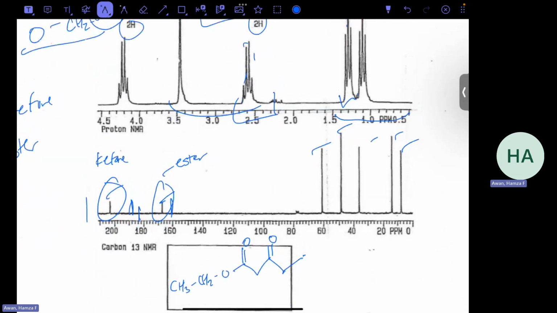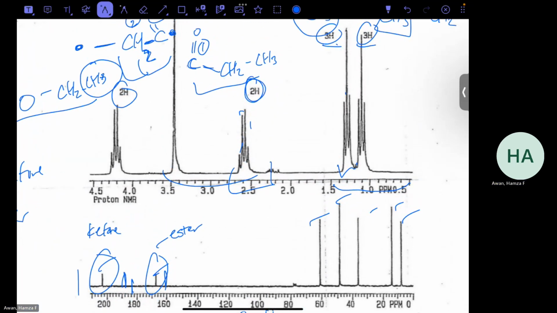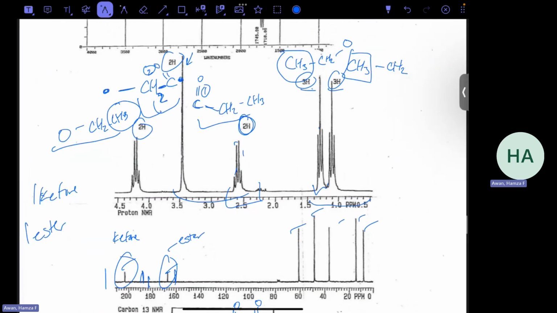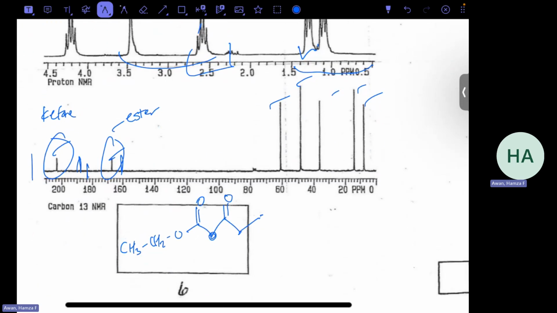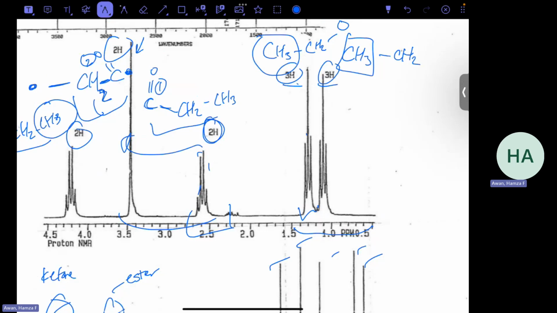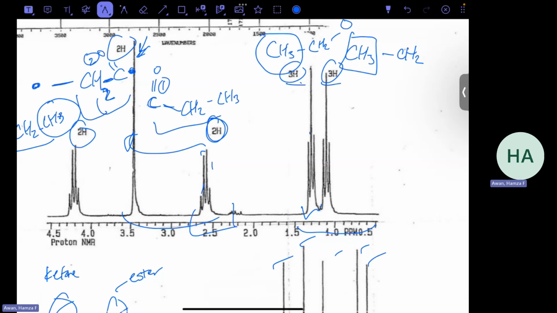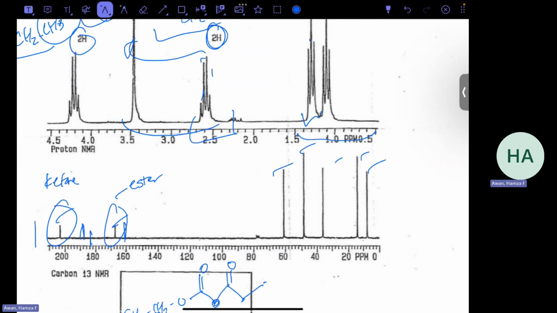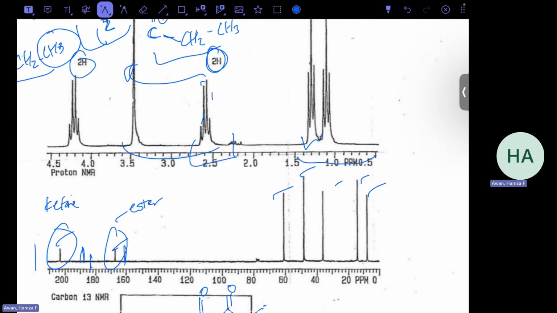And then we could even go a step further. We look at this CH2. If we compare this CH2 to the next one, we know that this one is going to be closer to the ketone and not in between the two carbonyl groups, because that CH2 is so far downfield that there's no way it's not that close to electron withdrawing groups. And so the only way it can be doing that is if it was close to two of them, right?